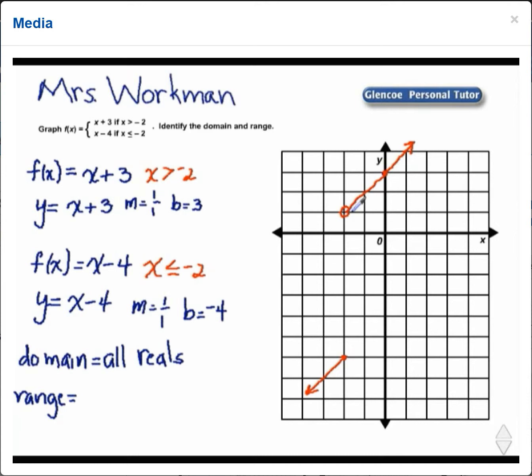Again, if we drop perpendiculars back, and we keep in mind that this point would not be included because this x is not included. But if we go from there, notice that we have this portion of the y-axis. It would have all these perpendiculars drop to it. And then there's a bit of a gap, and then we're down here dropping perpendiculars back toward the y-axis again.